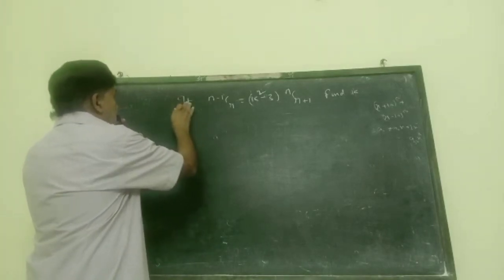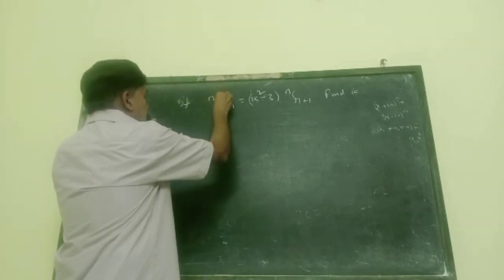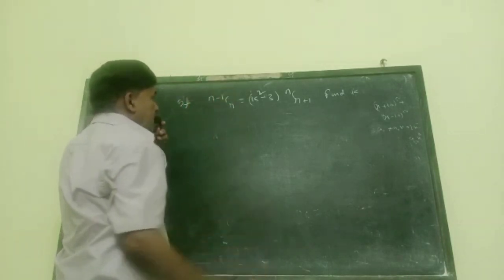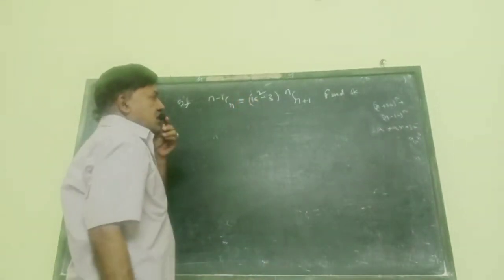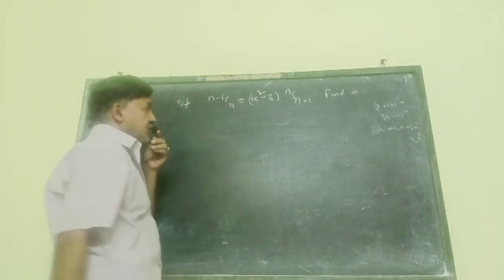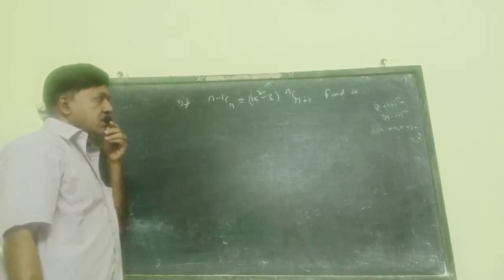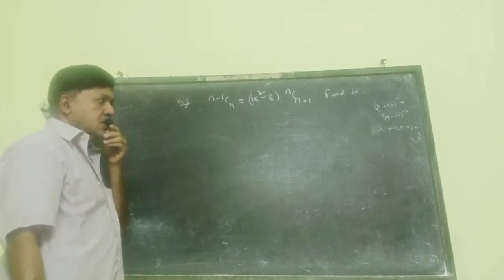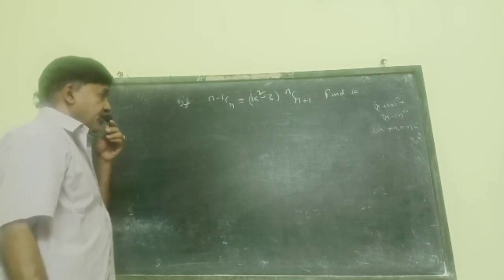Right, on to the next question. If n minus 1 CR is equal to k square minus 3 into NCR plus 1, find the values of k.